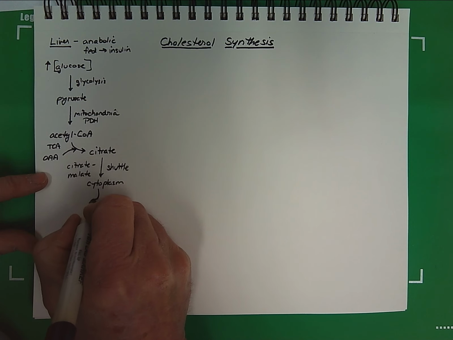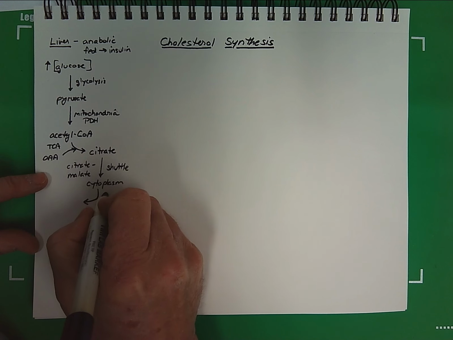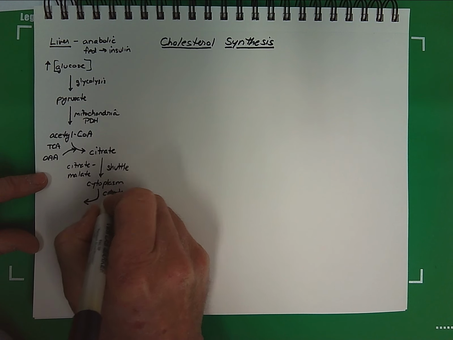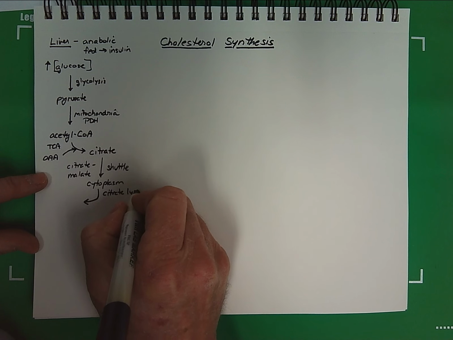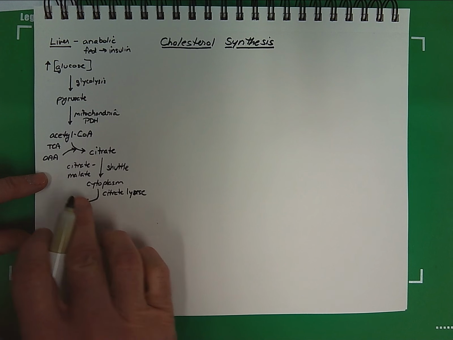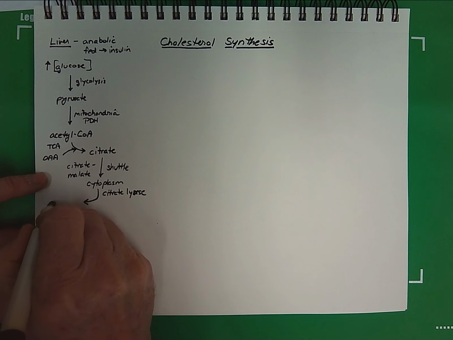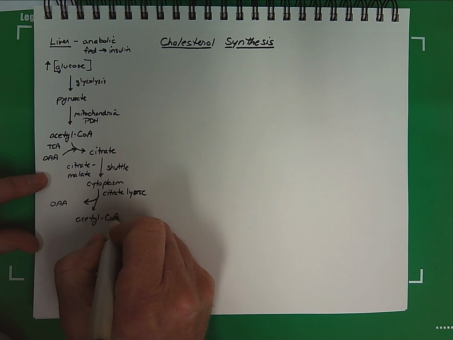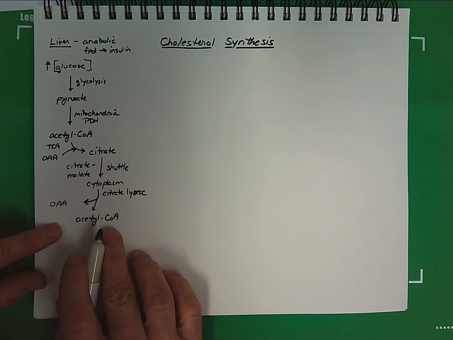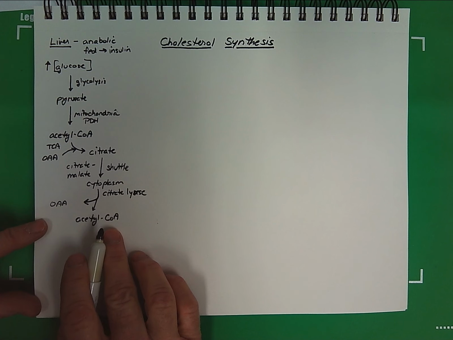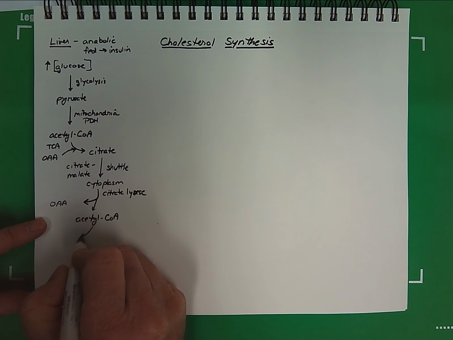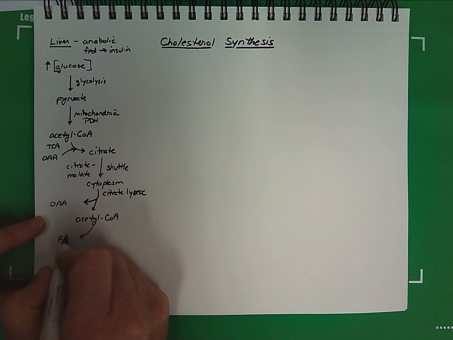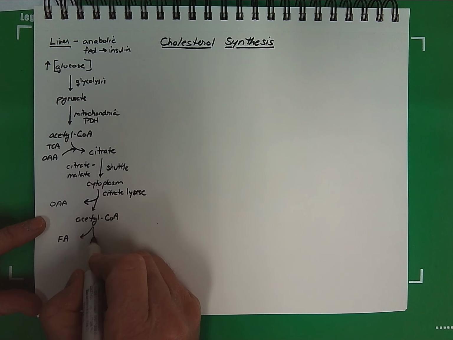Now in the cytoplasm, our citrate lyase enzyme will process the citrate into oxaloacetate and acetyl-CoA. Now, once we have our acetyl-CoA in the cytoplasm, this is where we start forming either fatty acids, or we can use the acetyl-CoA to generate cholesterol.